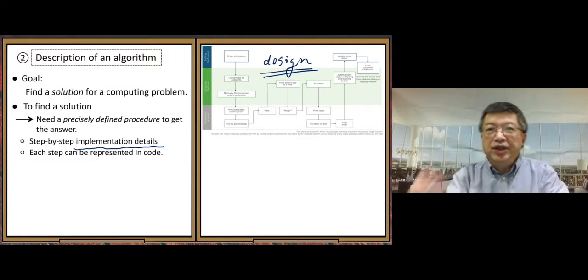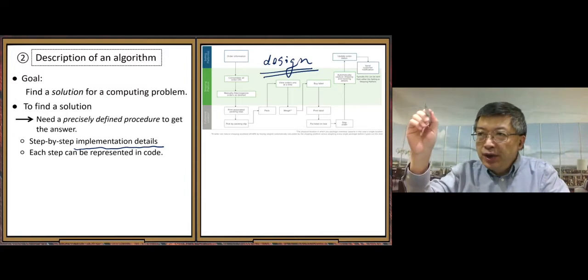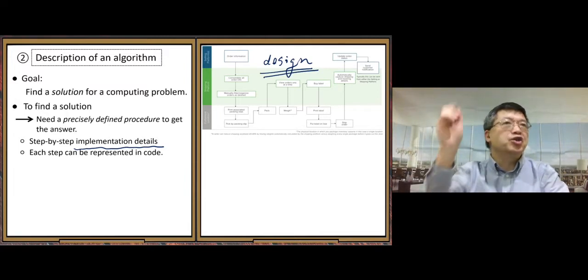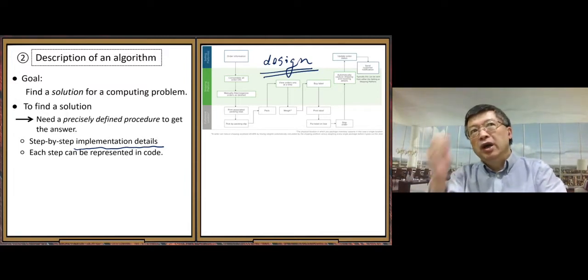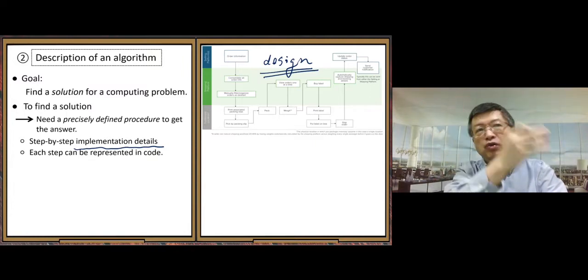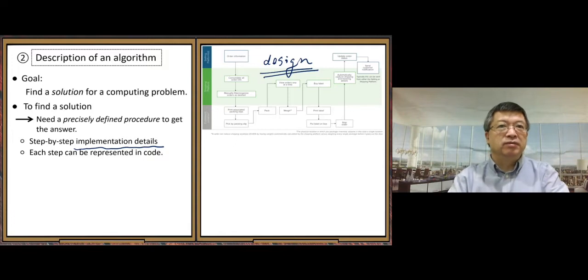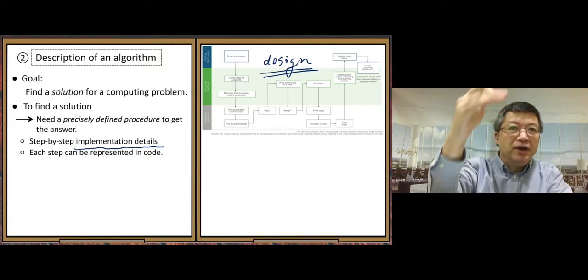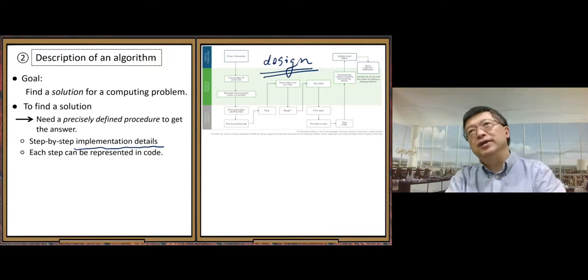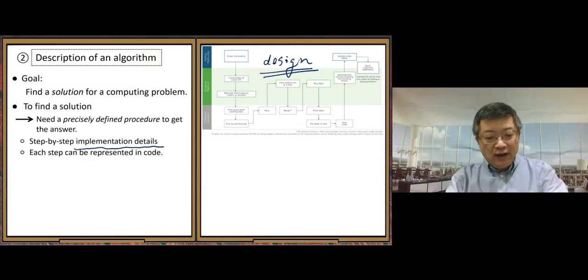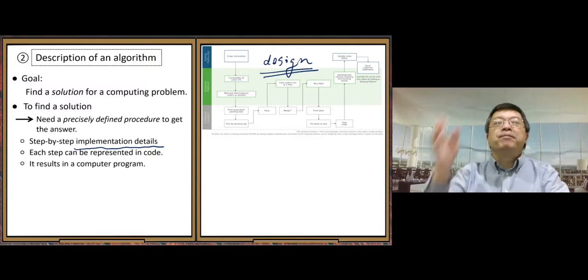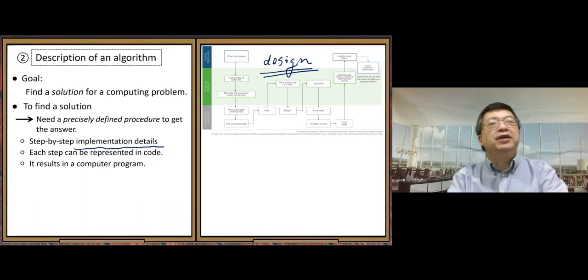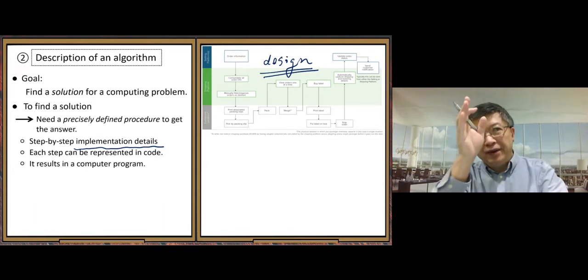So eventually we need to write our code to implement those steps and solve the problem. So when you design those steps, you need to make sure each step can be represented in code.